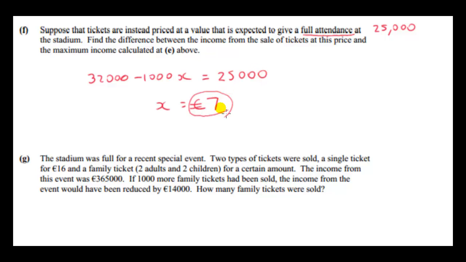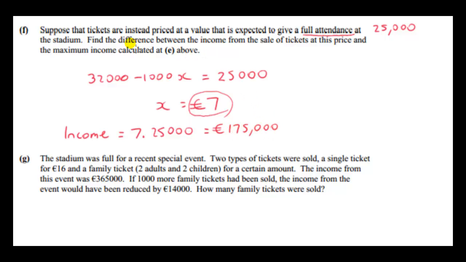So what's the income? We have the price per ticket. The attendance is 25,000, so the income is got by multiplying the number of people, 25,000, by the price per ticket. 7 times 25,000. So we get 175,000.